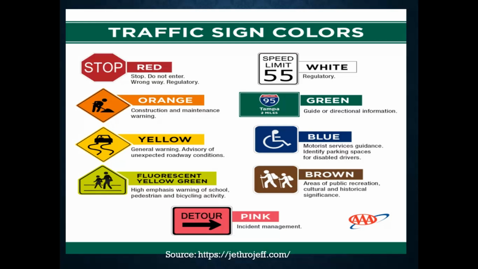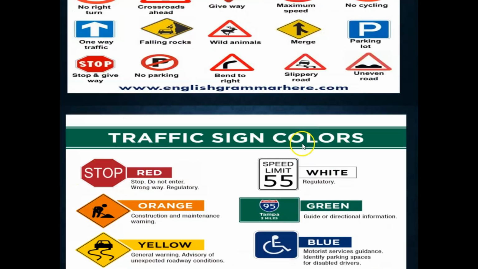Then we have the blue. The blue is for motorist service guidance. It is also used to identify parking spaces for disabled drivers. You see, from the picture we have here, we can see a sign of a disabled person on a wheelchair. So this color is used to guide motorists and is also used to identify parking space.